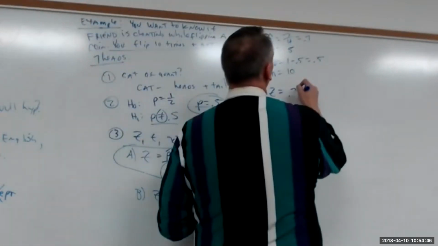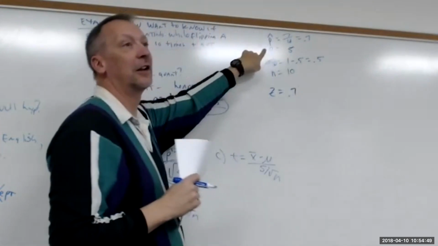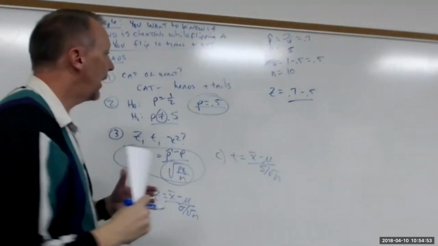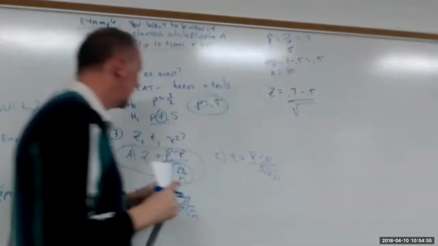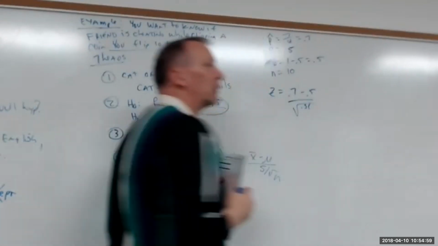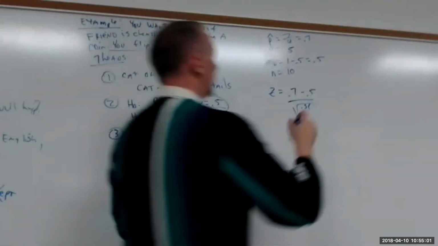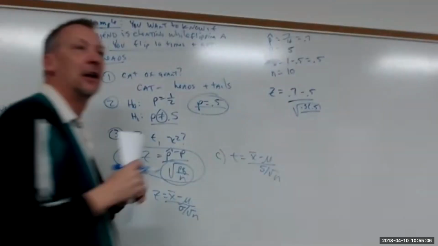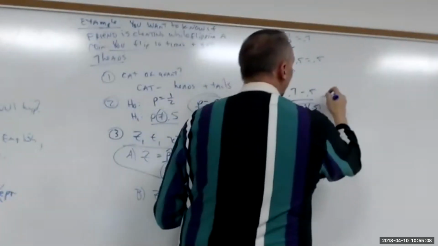What's P? So we're going to subtract 0.5. We're going to divide it by the square root of, what's P again? 0.5. What's Q? 0.5. See, I knew you could do this. What's N? See, I knew you could do that.